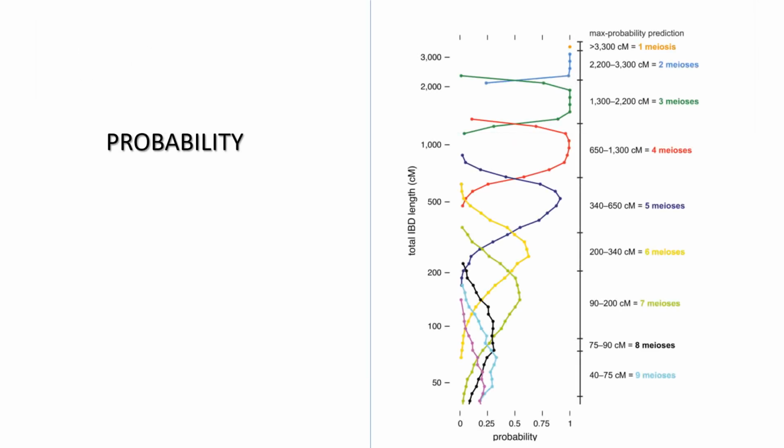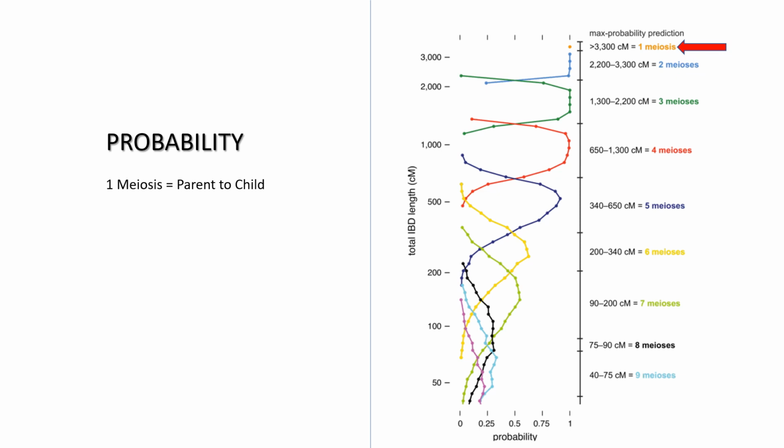Along with the word meiosis and the phrase centimorgans, you're going to see on this little chart to the right that there is a probability relationship between the number of centimorgans and your relationship to an individual. So for example, meiosis would be a parent to child.